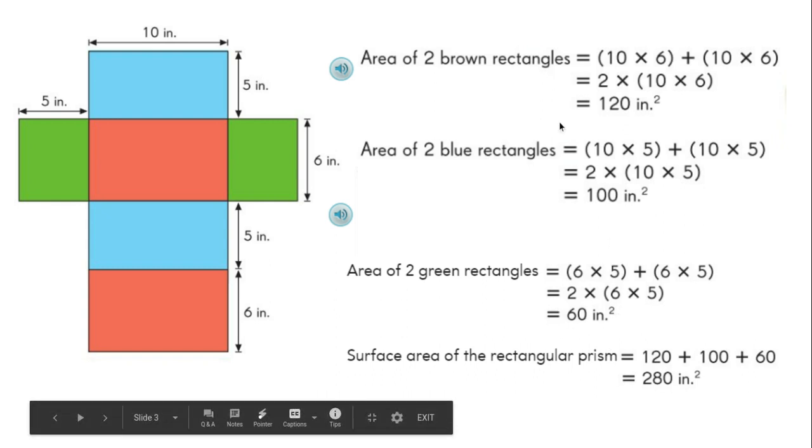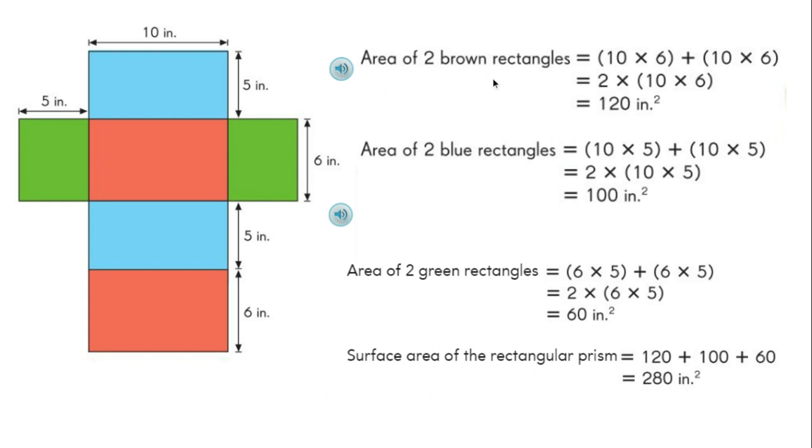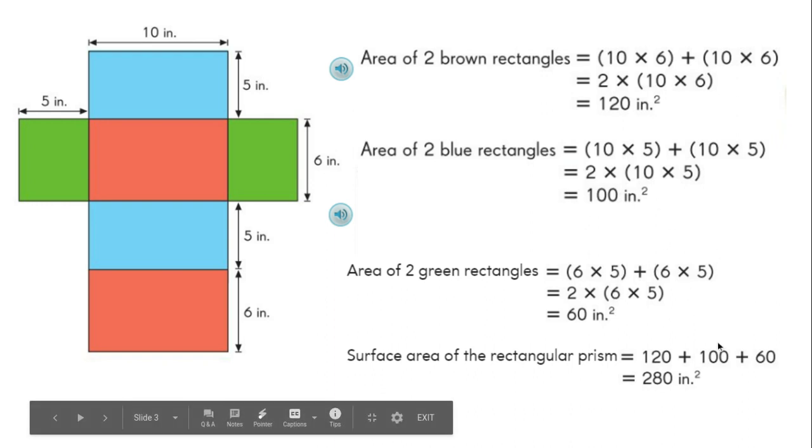I'm going to take now my 120 inches squared, which are the measurements of the 2 brown rectangles together, and I'm going to add the measurement of the 2 blue rectangles together, which equal 100 inches squared. And then thirdly, I'm going to add the measurement of the 2 green rectangles together, which is 60.